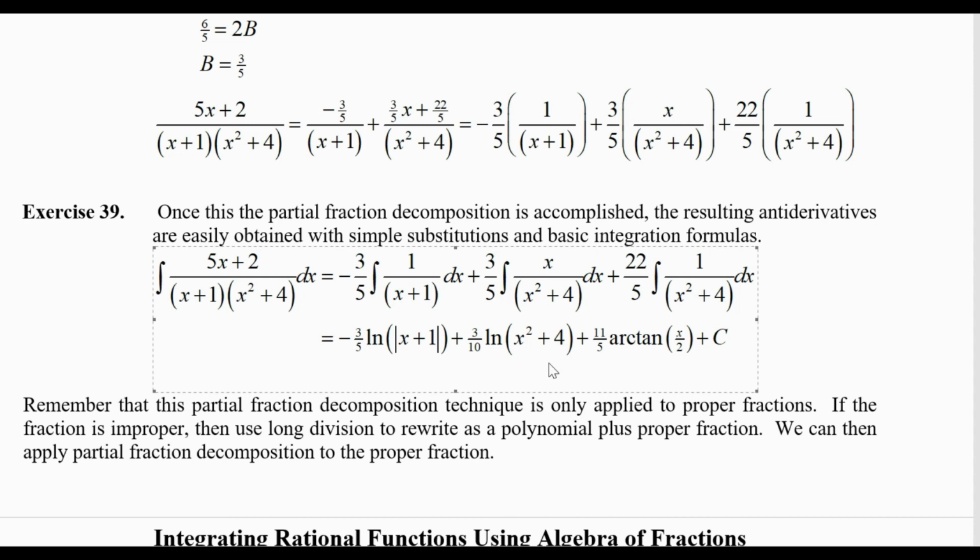Now the last one, 1 over x squared plus 4 dx, that's 1 over x squared plus 2 squared, so that's just an arctangent for the antiderivative, the arctangent of x over a. So 1 over x squared plus a squared is actually 1 over a times the arctangent of x over a.